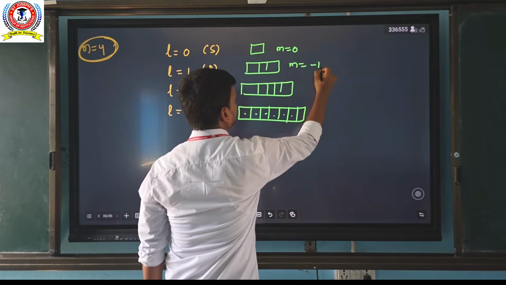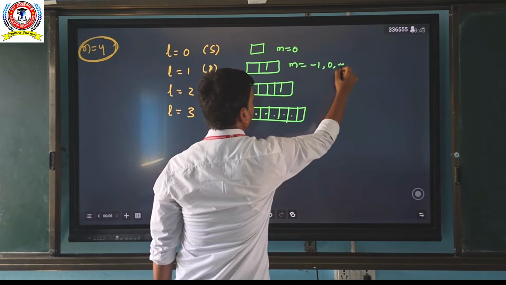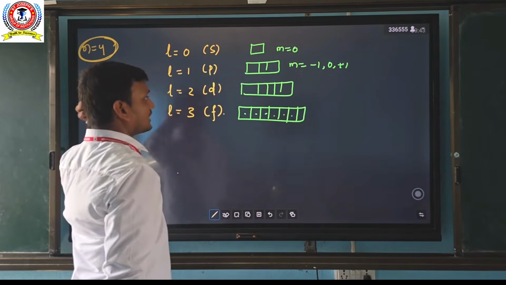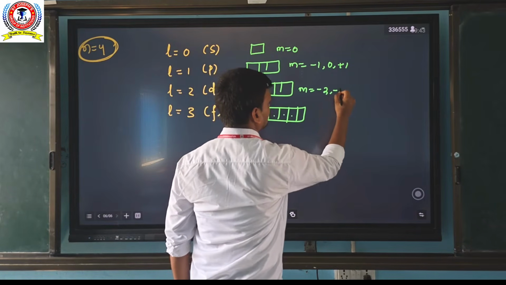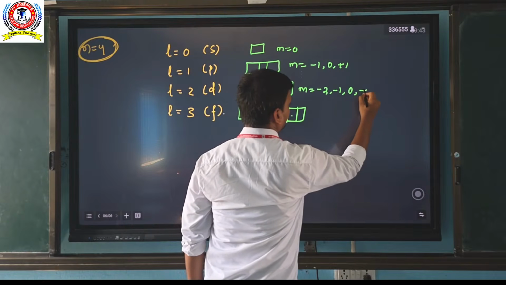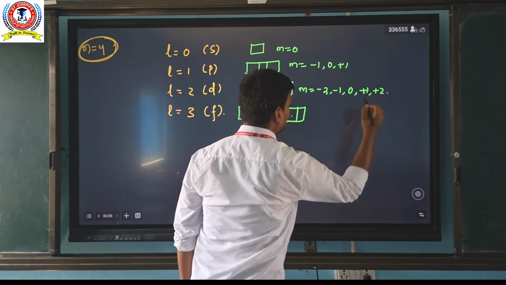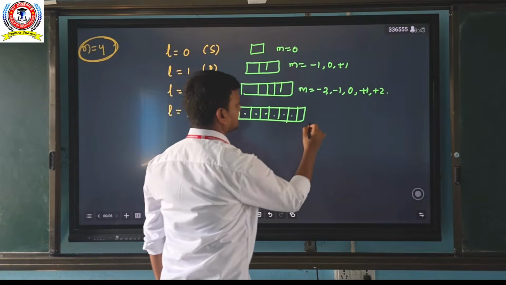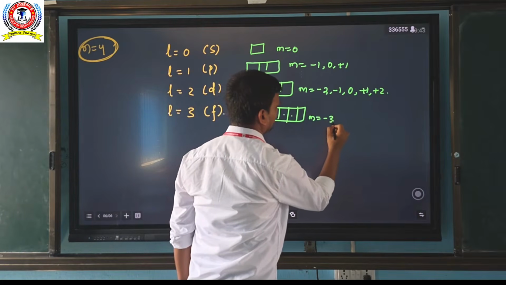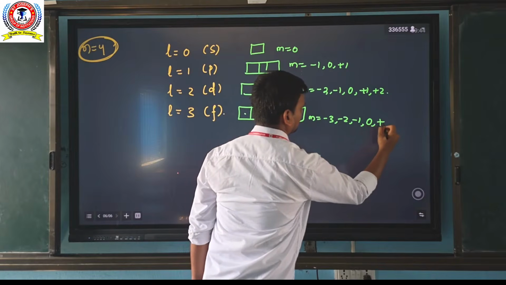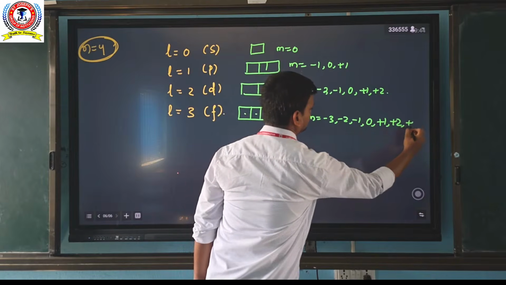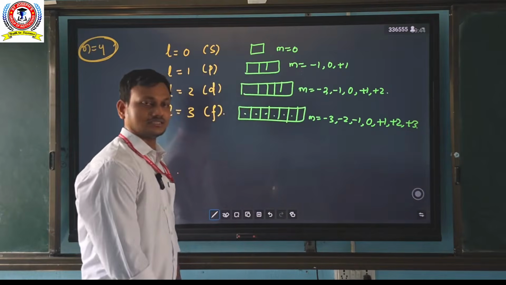For p, m lies between minus 1, 0, plus 1. For d, m is equal to minus 2, minus 1, 0, plus 1, and plus 2. And for the f subshell, m is minus 3, minus 2, minus 1, 0, plus 1, plus 2, and plus 3.